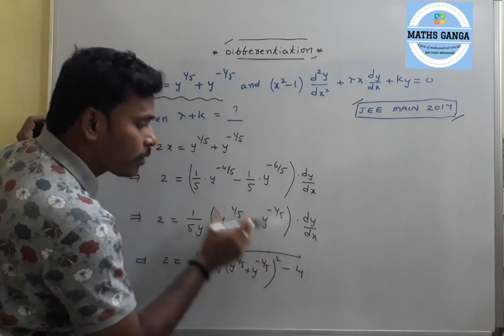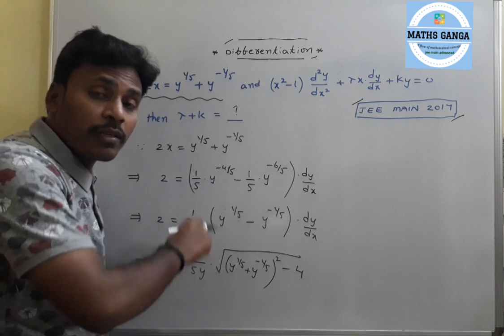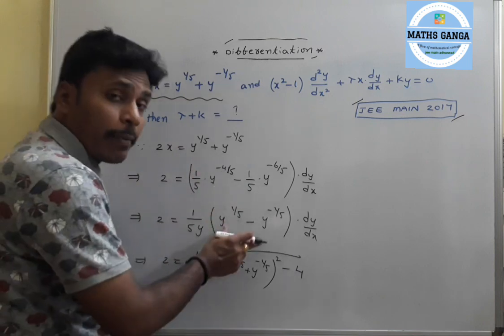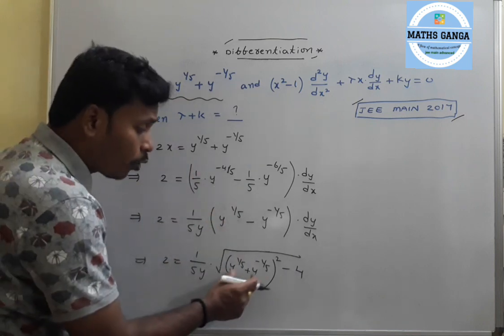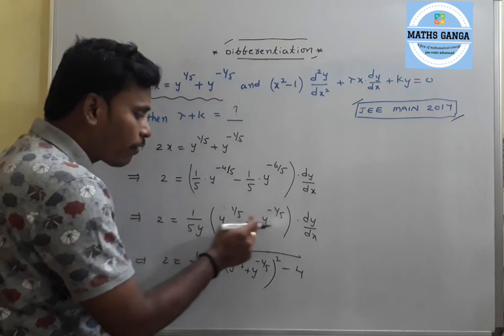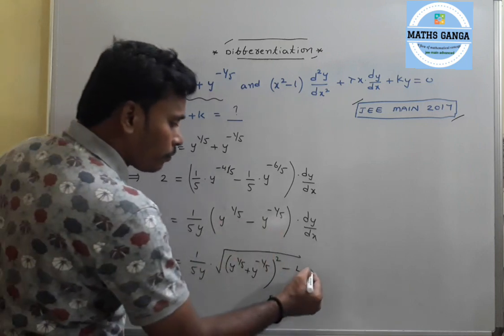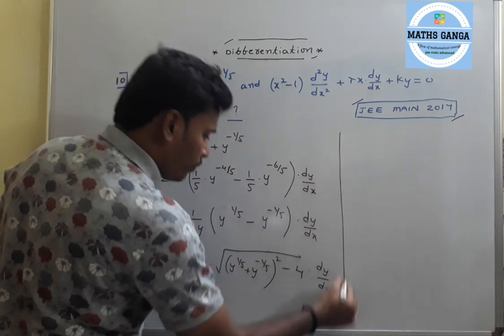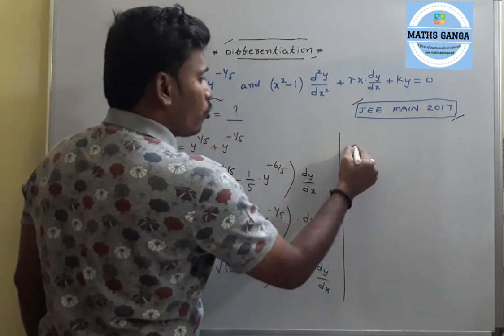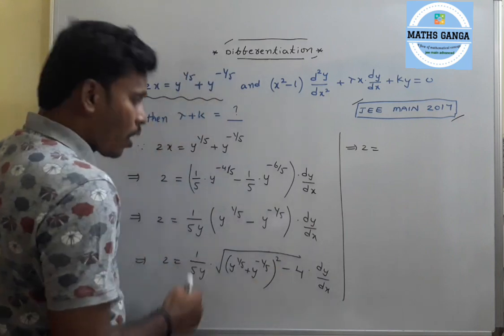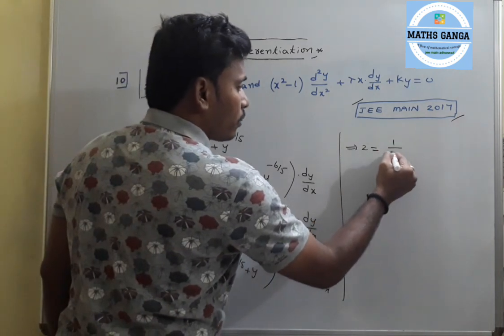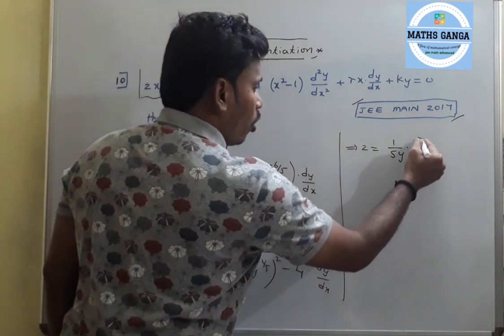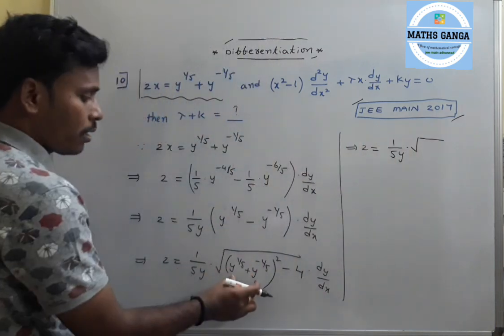Just like a minus b, here we need to express in terms of a plus b, that a minus b is square root of a plus b whole square minus 4ab. Here 4ab is just 4, into dy by dx.